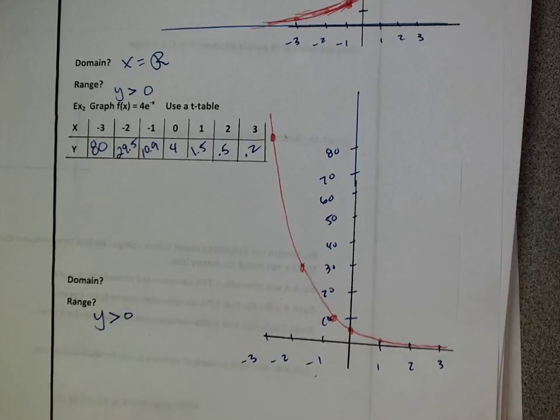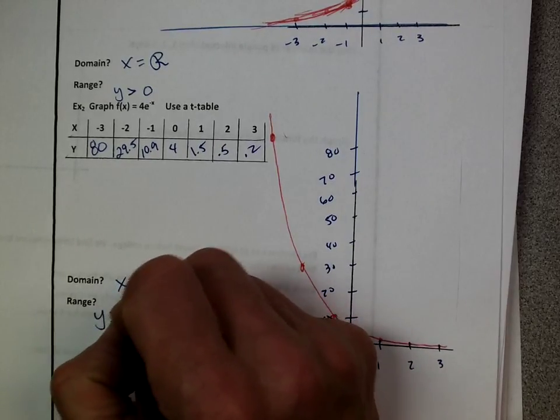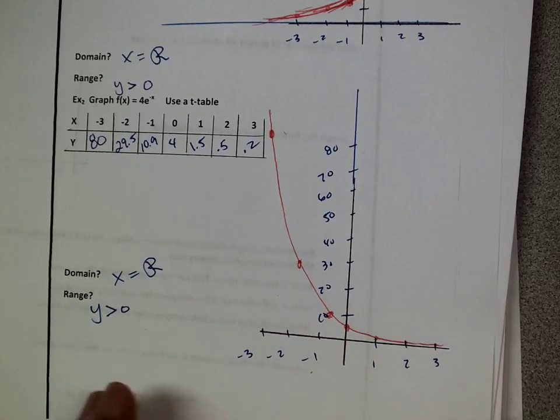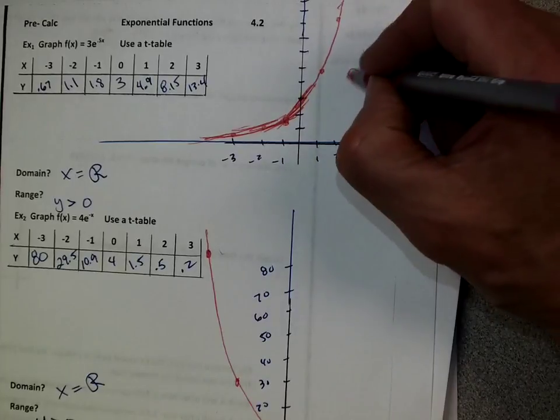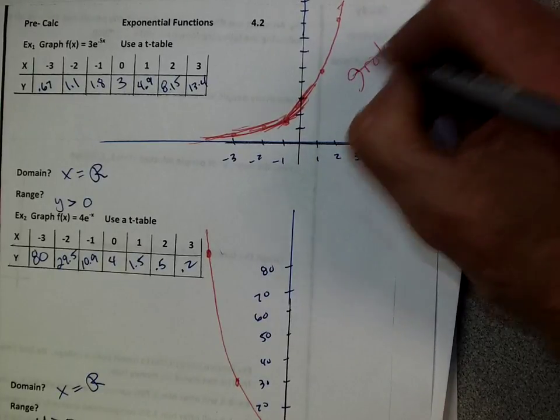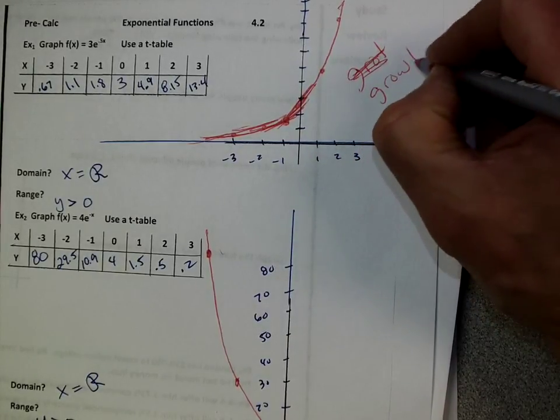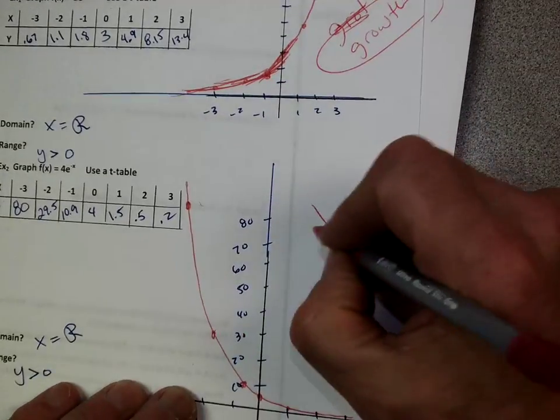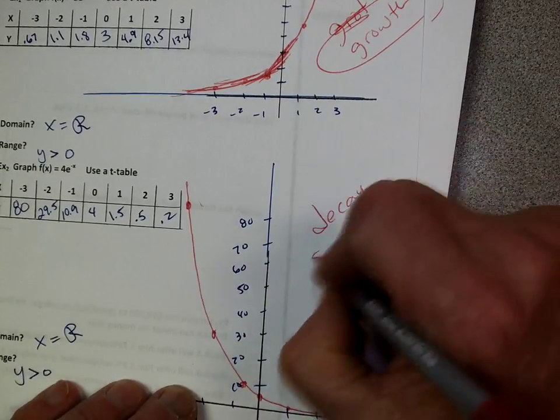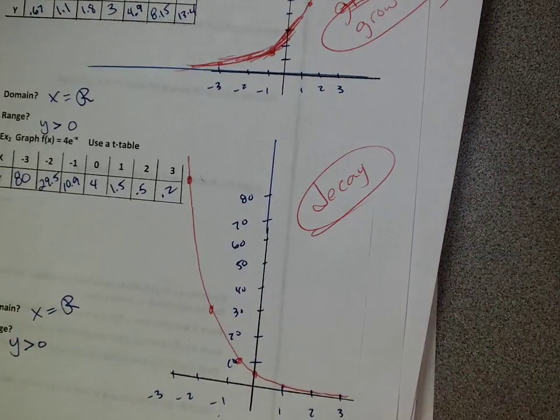And domains, all real numbers, right? It can be anything. So domains, x equals all real numbers. Obviously, this is an example of growth and decay, right? One's growing and one's getting smaller, okay?